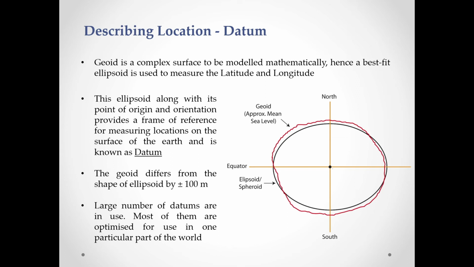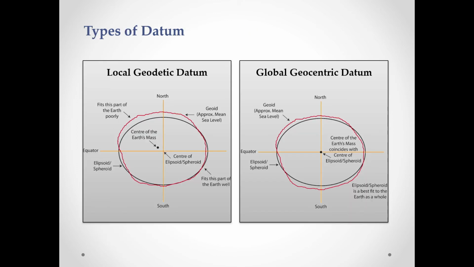The geoid differs from the shape of the ellipsoid by plus minus 100 meter. A large number of datums are in use. Most of them are optimized for use in one particular part of the world. Types of datum: local geodetic datum and global geocentric datum. In the local geodetic datum, the geoid is approximately fit at a particular part of the Earth like this.